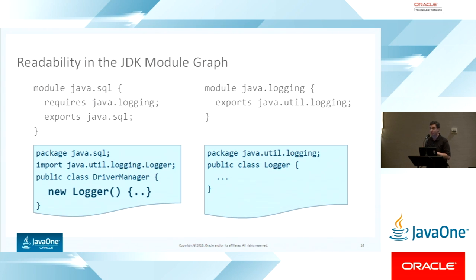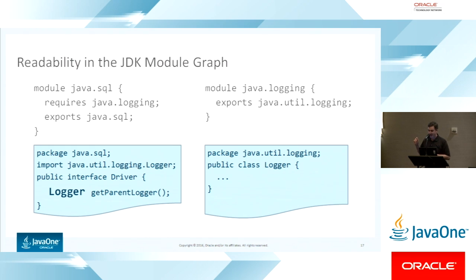The java.sql module that holds JDBC requires the java.logging module that exports the package java.util.logging. This requires clause means that code in the java.sql module can access the public types of java.util.logging, such as Logger. You can see that some code in the JDBC DriverManager class on the left is newing an instance of Logger. Fine.